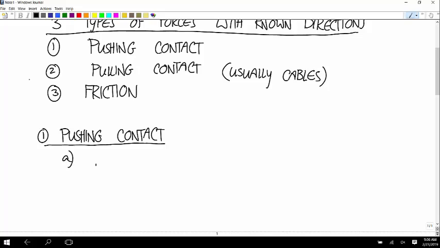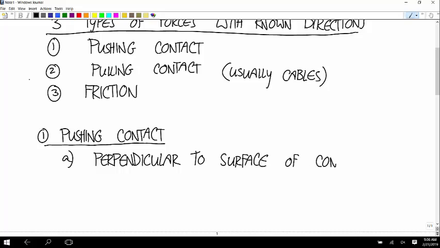Pushing contact is always perpendicular to the surface of contact, toward the chosen body.